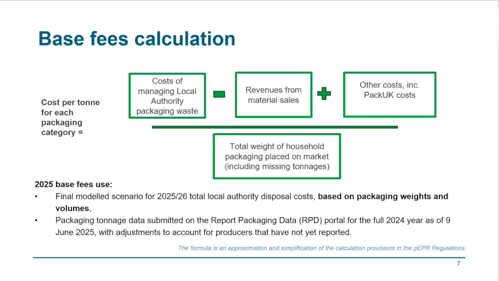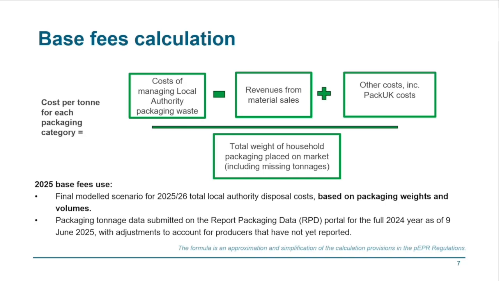So this is the basic equation that we use to calculate the base fees, which hopefully a lot of you are familiar with. It's a relatively simple equation that we repeat over each of the 8 material EPR categories. So we start with the costs of managing local authority packaging waste across the UK for each material, and that's calculated on both a weight basis, but also by volume, depending on where in the system those two metrics are most important, and depending on the different materials and the densities they have.